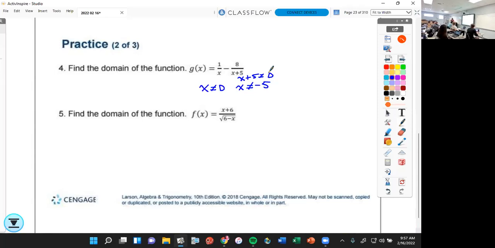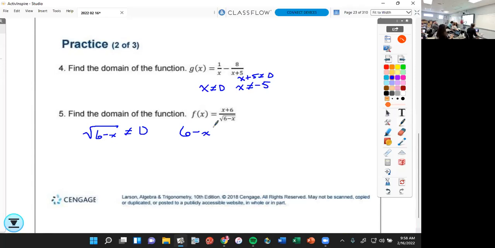Number 5, what's the problem? We have 2 problems, don't we? One problem is the square root of 6 minus x cannot be 0, because that's my denominator. Set the denominator to 0, solve it. What's the other problem? What can you tell me about 6 minus x? What must it be? Non-negative.